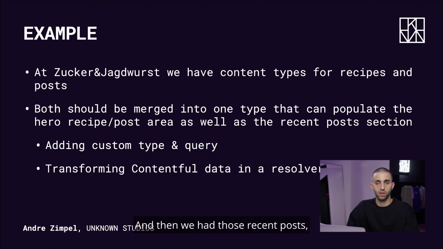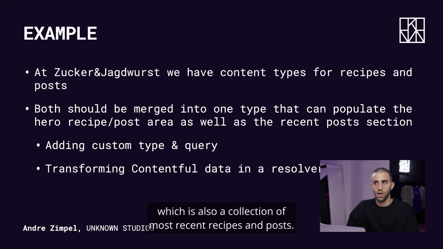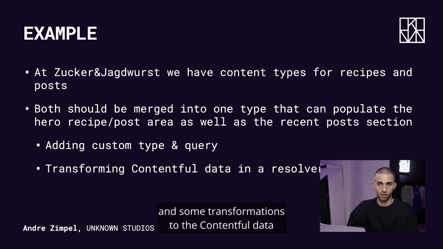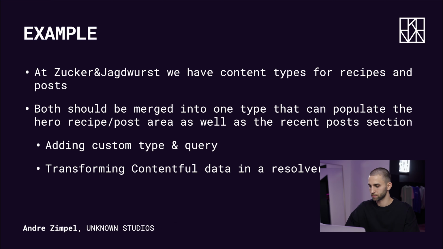And then we have those recent posts, which is also a collection of the most recent recipes and posts. Therefore, I have added a custom type and query and some transformations to the Contentful data in a custom resolver.